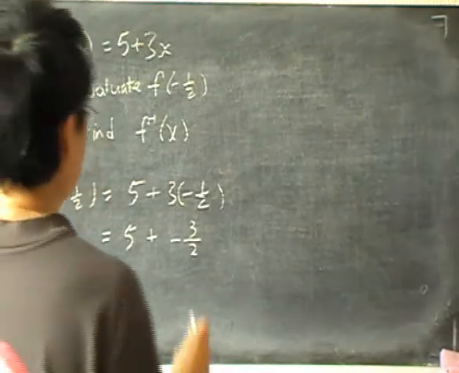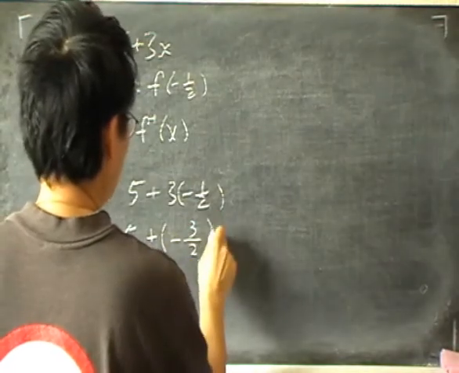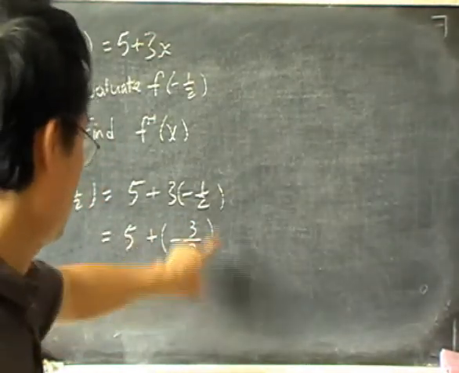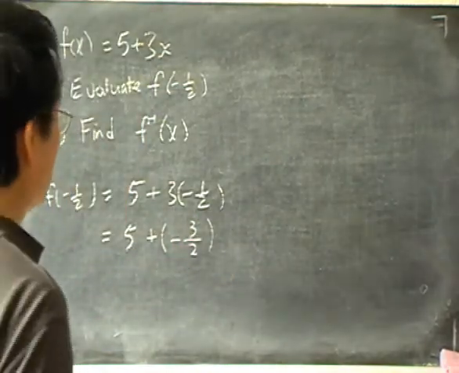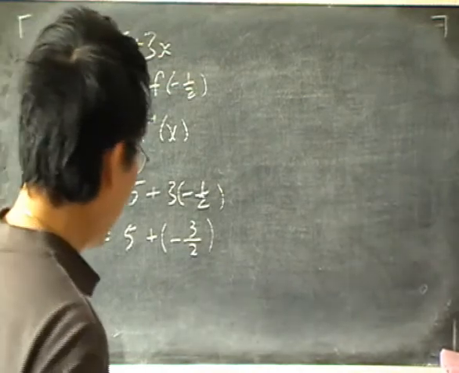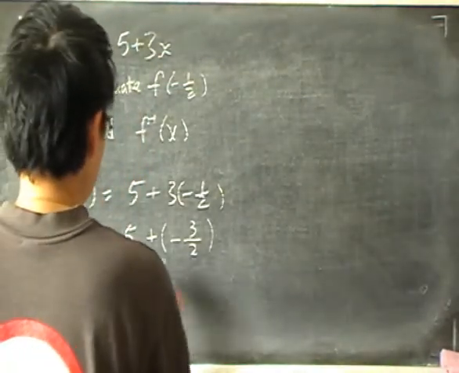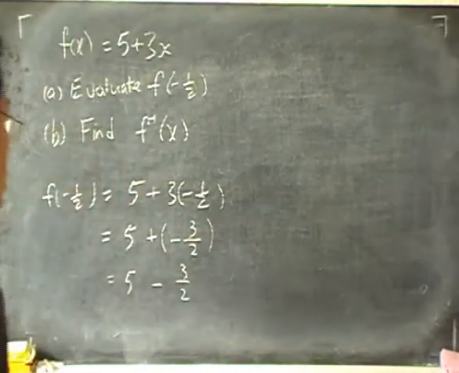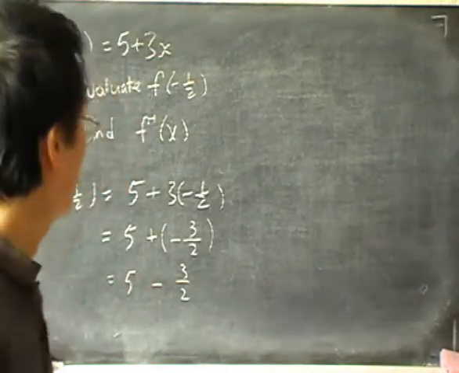Still, it is less confusing if we put a bracket around it. So we're really adding 5 plus that number. And when we add a negative number, we are really subtracting it. So this is what it really means: 5 plus minus 3 over 2 is really 5 minus 3 over 2.